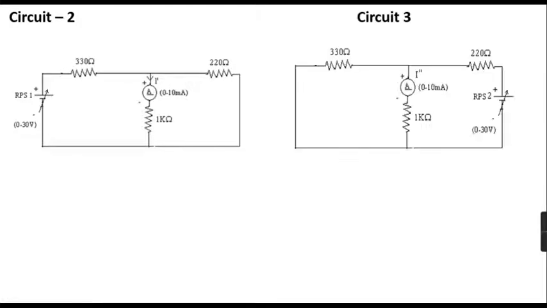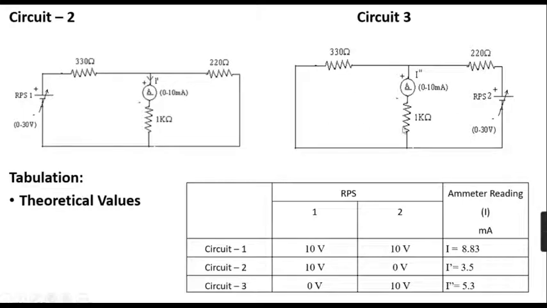For the next circuit, RPS 1 will be short circuited and in RPS 2 you set the voltage, for example again 10 volts, which gives I double dash. Now, these are theoretical values. RPS 1 10 volt, RPS 2 10 volt, the initial circuit, circuit 1, and the current through this is 8.83 milliampere.